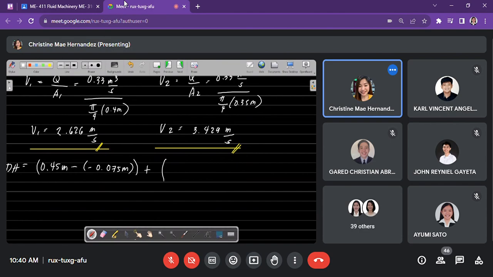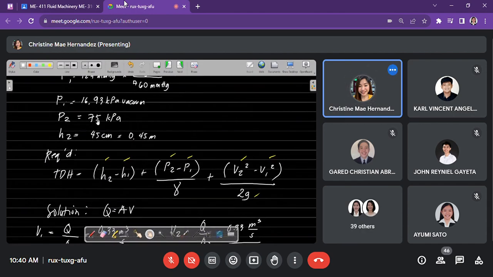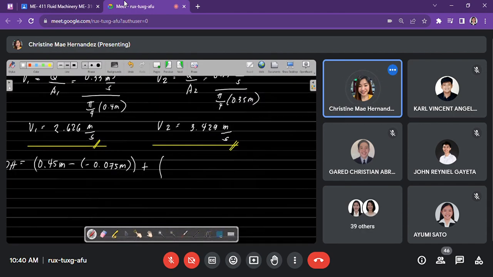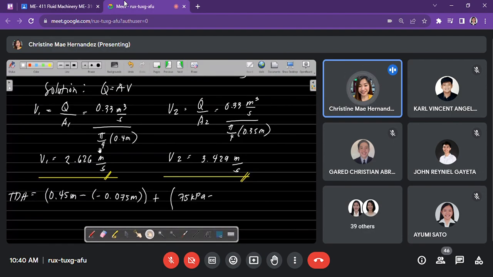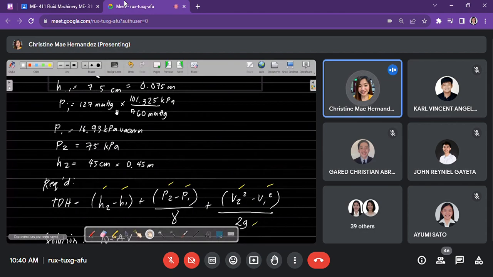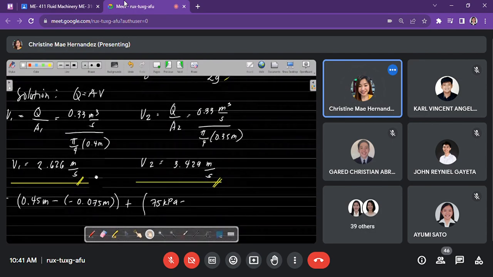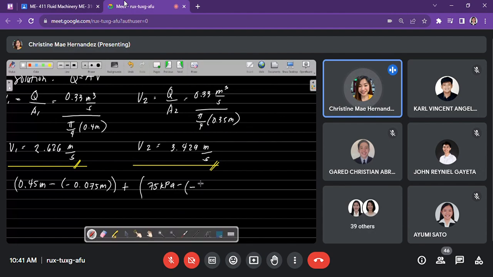Pressure at point 2 or pressure at outlet is 75 kPa daw, minus pressure at point 1, which is yung ating 127 mmHg vacuum. Kinonvert natin to into kPa, so 16.93. Since vacuum siya, negative 16.93 kPa over yung ating specific weight ng water.